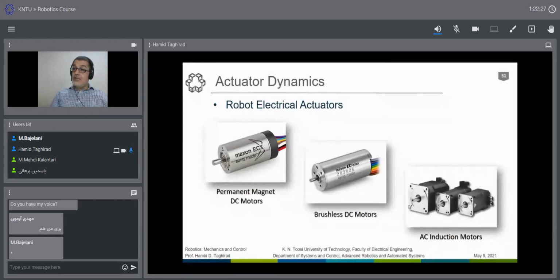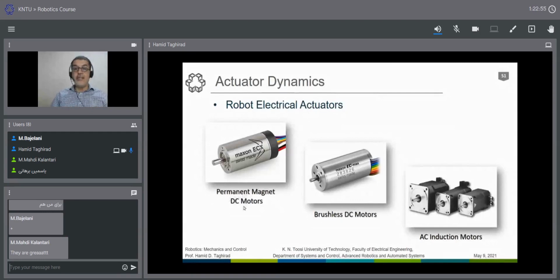In terms of electrical actuators, we have different kinds. We usually have the permanent magnet DC motor. Of course, I have put here Maxon motors, very popular and very expensive motors, Swiss-made, as you see. Many of our robots use this kind of motor.